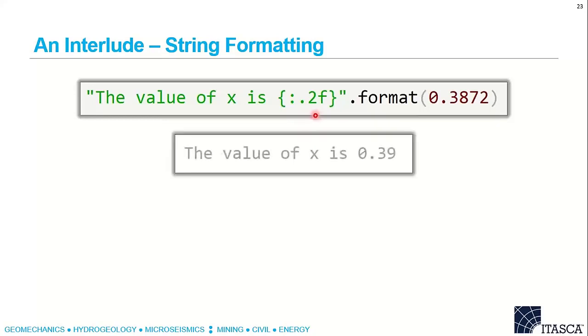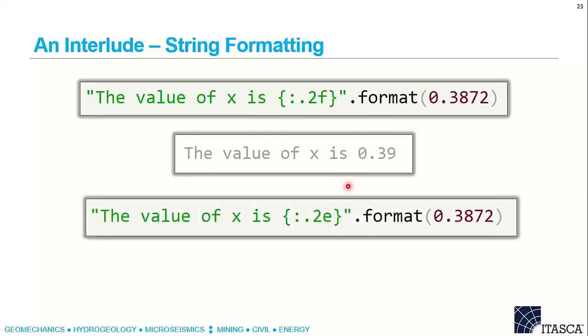The 2 here within the string represents the number of decimals after the point which should be displayed, and the F represents the format that the number should be displayed as, in this case, a float.